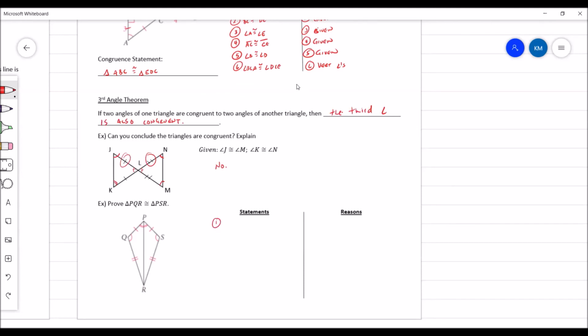Okay, so the given information for us here is that angle Q is congruent to angle S, that QR is congruent to SR, that QP is congruent to SP, and that angle QPR is congruent to angle SPR.